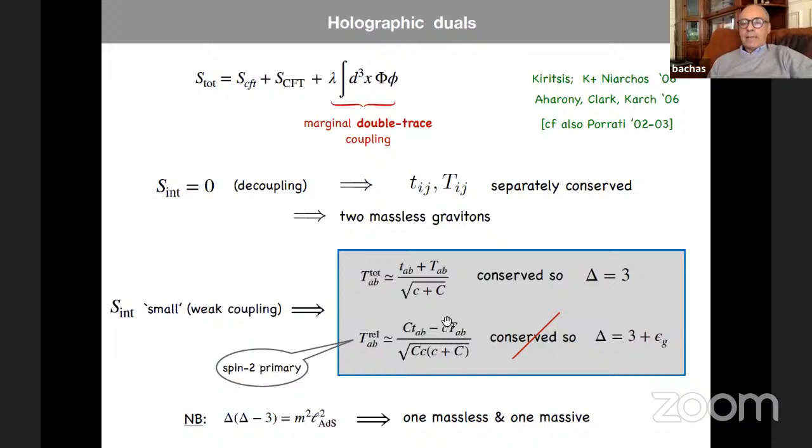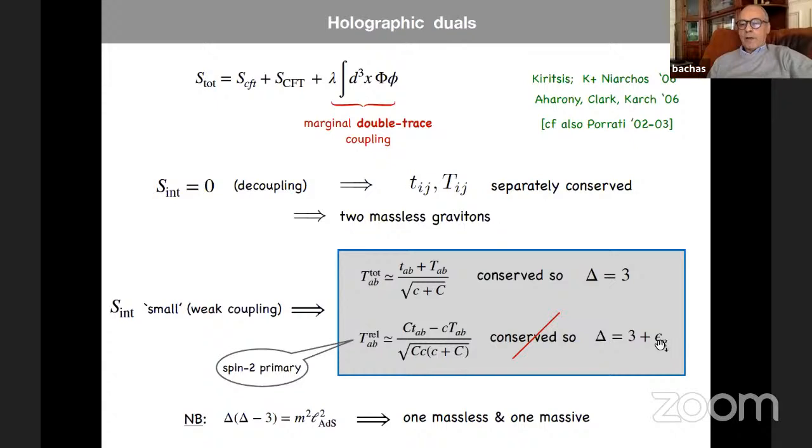And to do this, I needed the central charges of the 2 theories. The central charges simply enter in the 2-point function of the canonically normalized energy momentum tensors. So I call them little c and capital C. And you can easily check that these are normalized to 1 and that they are orthogonal spin 2 operators.